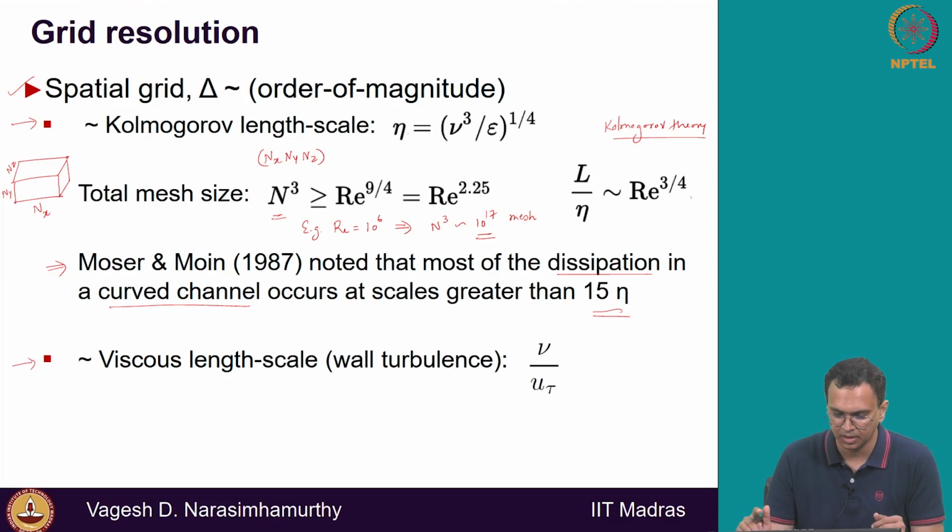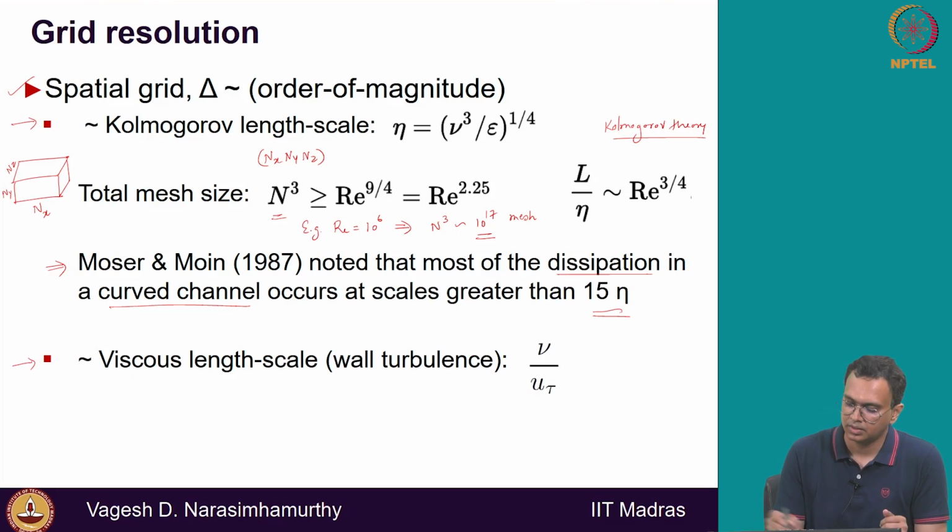Equal is good. The other pointer that one can use is the viscous length scale that we discussed, right? Your nu by u star, that is used to make your y plus and all these things. So you are using this to get your inner scaling coordinates.